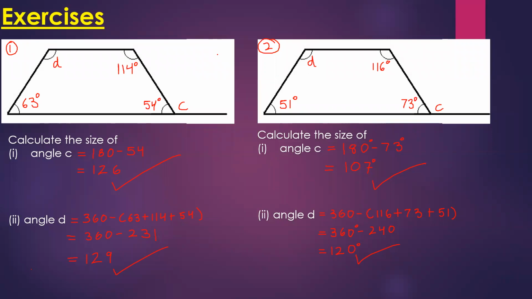You subtract from 360. Make sure you subtract, because all angles inside a quadrilateral add up to 360 degrees. So you have to subtract from 360. Let's see, four people. Anyone else?